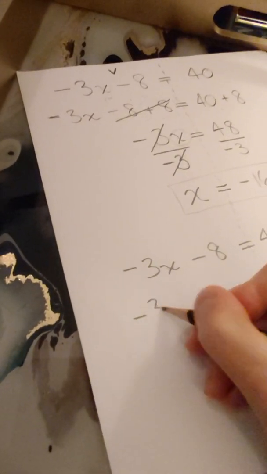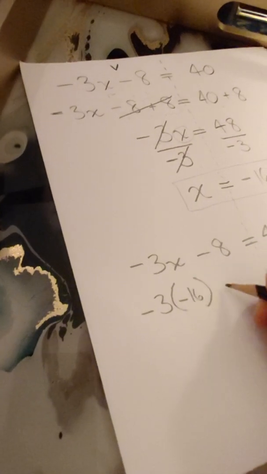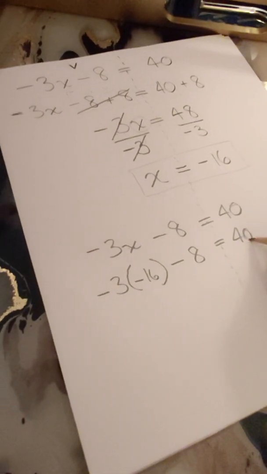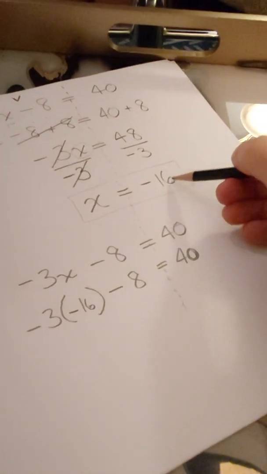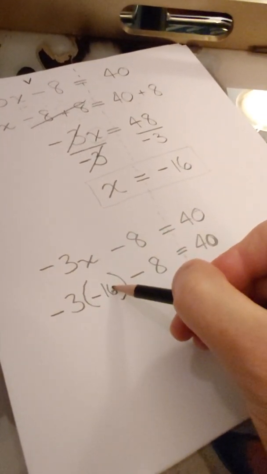So it becomes negative 3 times negative 16 minus 8 equals 40. All right, so I haven't done any calculations yet. I've just substituted my answer from here into the original equation. I've replaced that x with the negative 16.